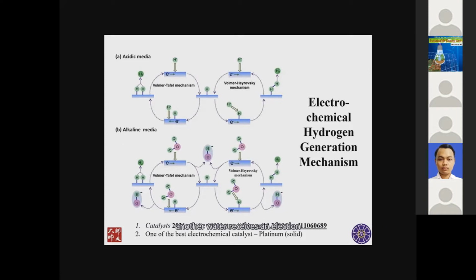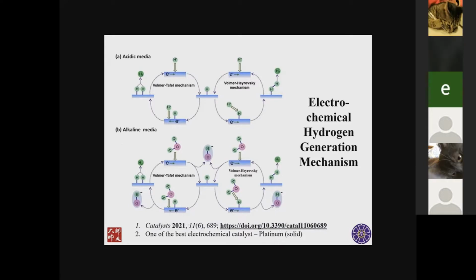Another water receives an electron and becomes a hydrogen atom and hydroxide ion, just like the first one. The hydrogen atoms combine into hydrogen gas. Another reaction is one hydrogen atom is fixed on the metal, reacts with water, receives an electron simultaneously, and becomes hydrogen gas and hydroxide ion.